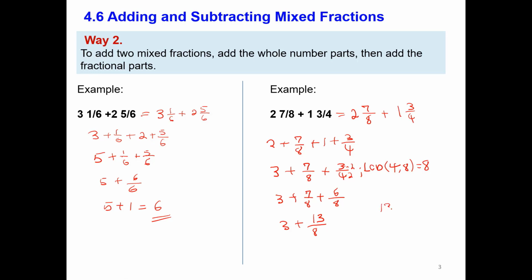Then let's do this one. 8 goes in once, and we have 5 left. So this will be 1 and 5 over 8. Then we can write this as 3 plus 1 and 5 over 8.